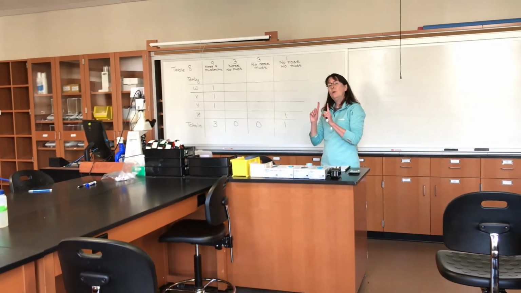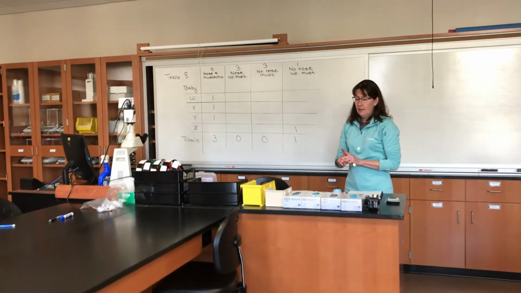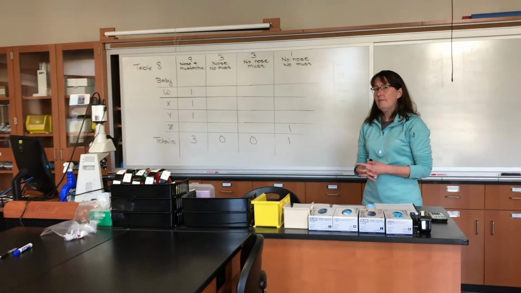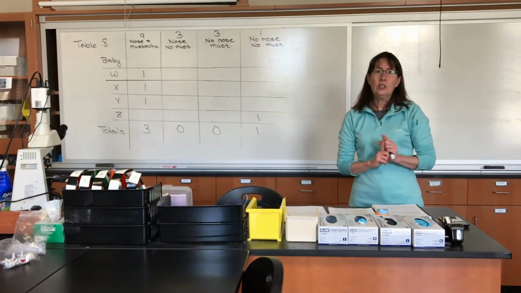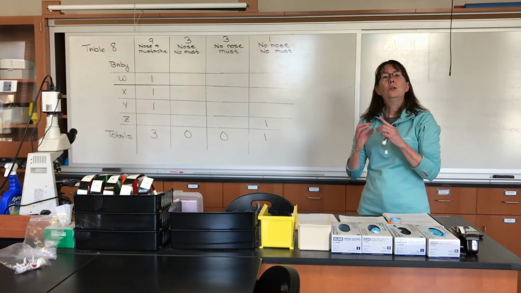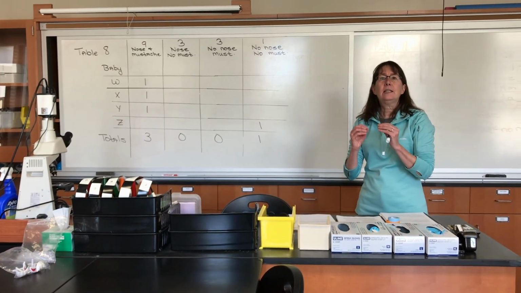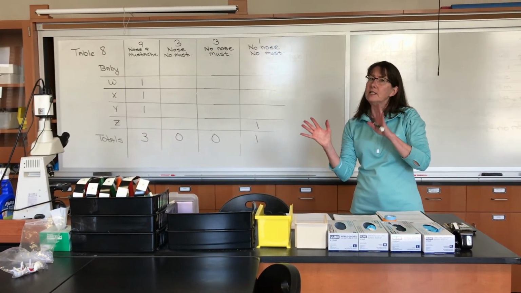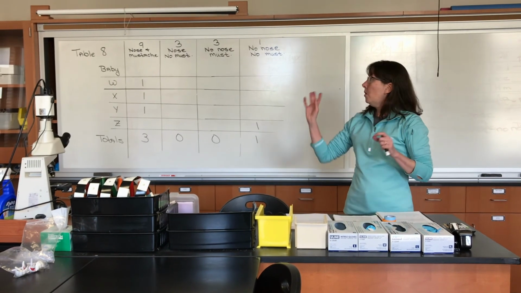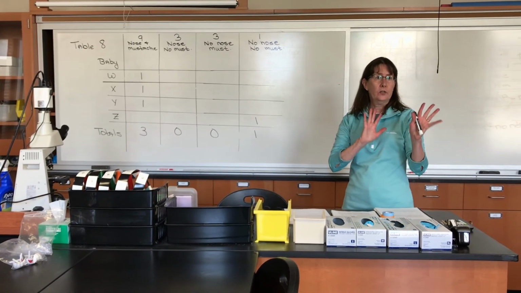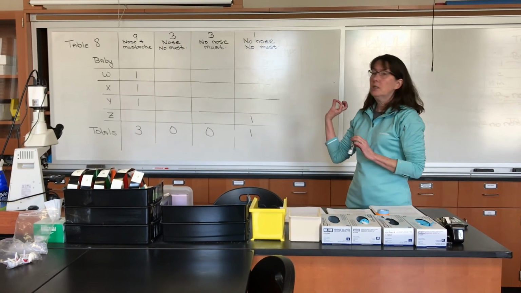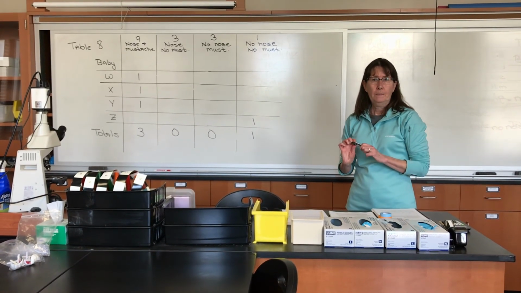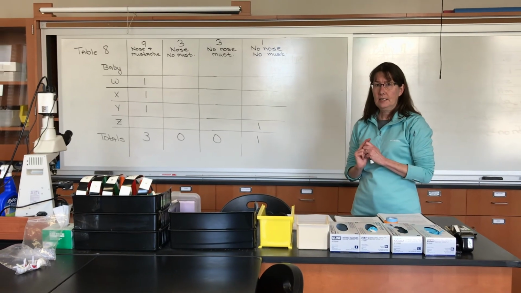Now remember, when we filled out table 7 and we analyzed table 7, we were looking for a 9 to 3 to 3 to 1 ratio. And we were looking for that ratio because each parent was heterozygous for our nose and our ears example in table 7. Table 8, we're going to look at nose and mustache, 2 other characteristics.